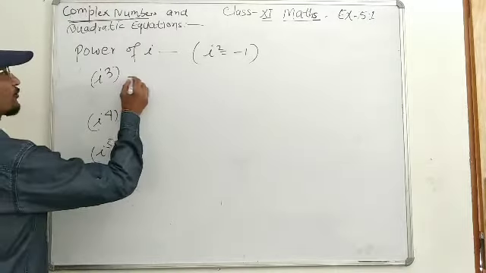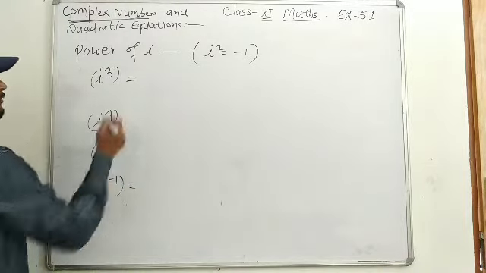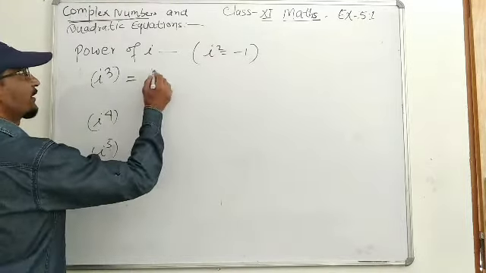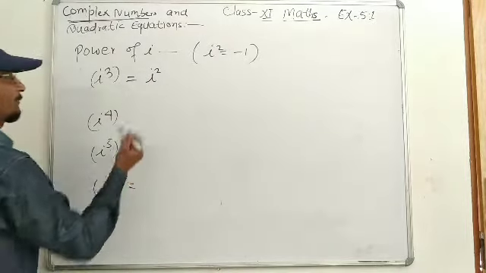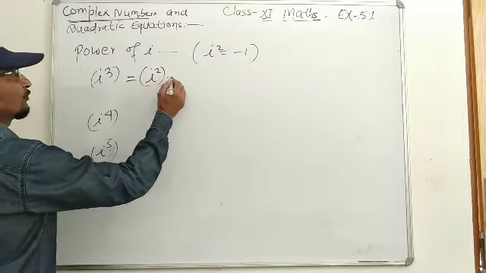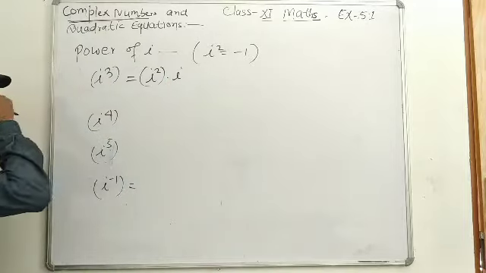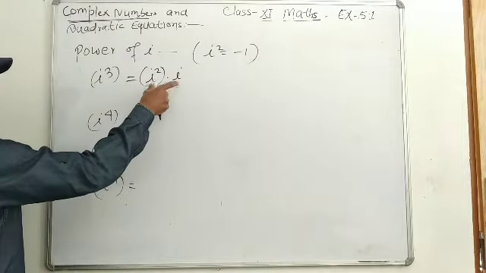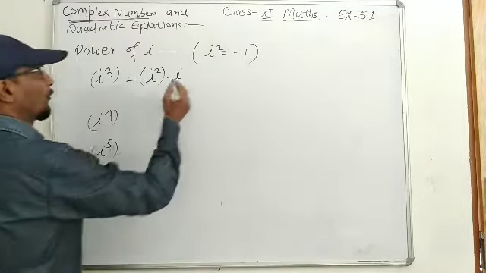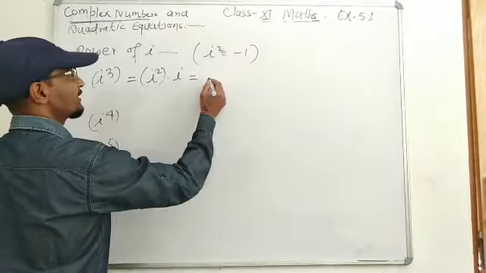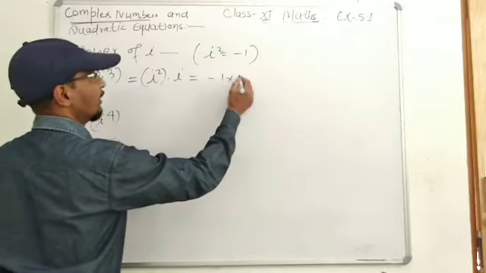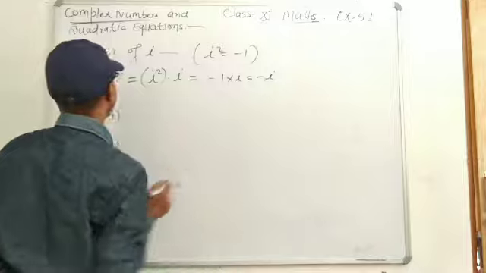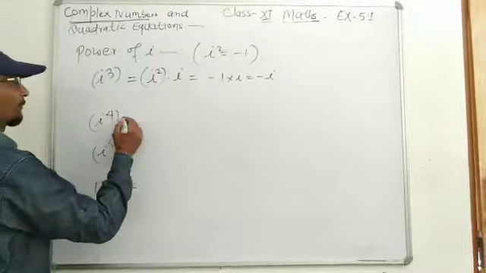So i cube, how to solve this? i to the power 3. First we take i square because we know the value of i square. i square into i, what do we get? i cube, because i power 2, i power 1, after addition we get i cube. Now what is i square? i square is minus 1 into i. So what is the answer? Minus i. So i cube becomes minus i. Now i to the power 4.